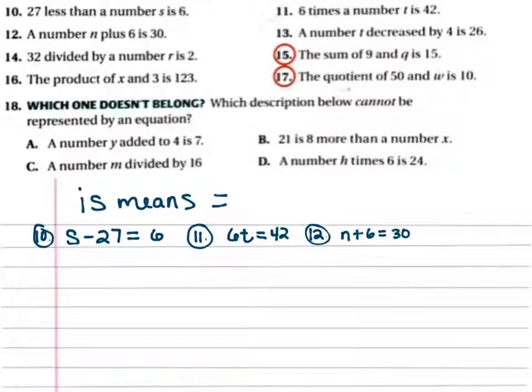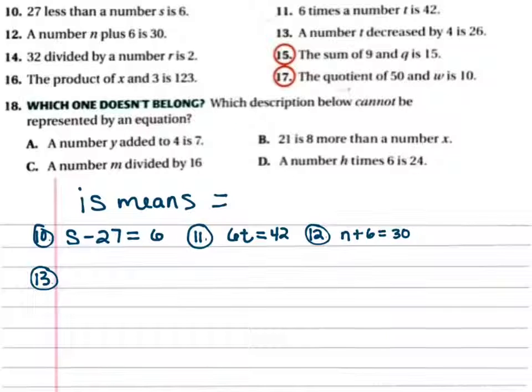All right, let's do number 13 together. We have a number t decreased by 4 is 26. So we have t, and it's decreased by 4, so what are we going to put?